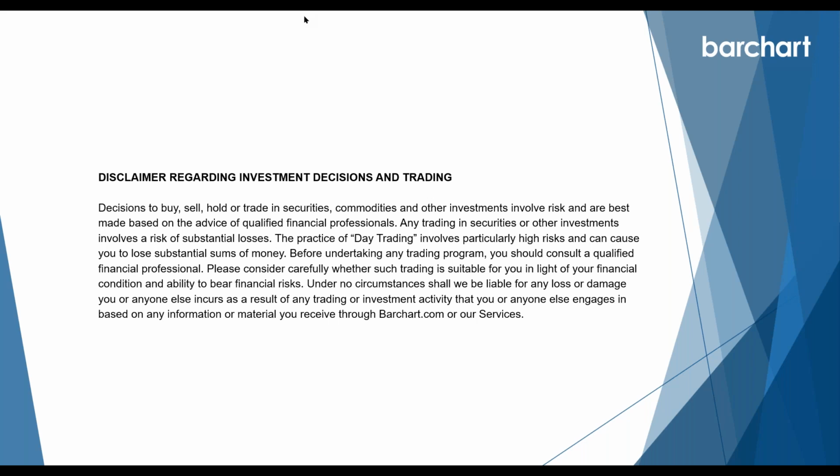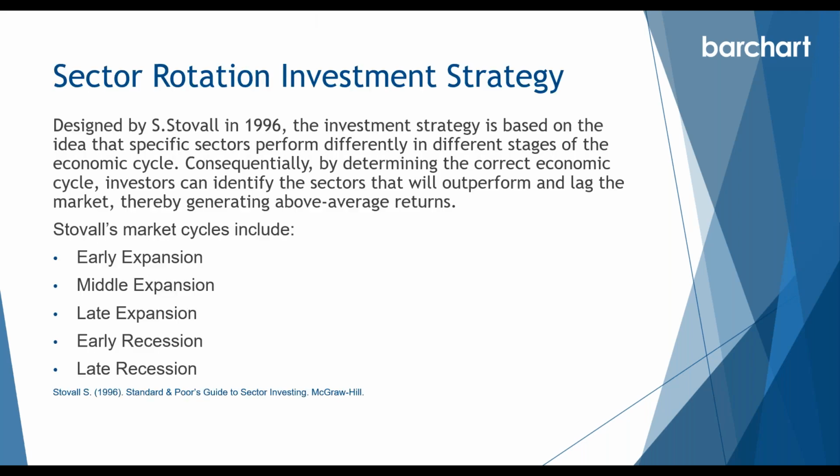So again, how do we decipher what is going on from past performances and maybe get some clues for this coming year? It goes back to some work that was done by Sam Stovall in 1996, who came up with the idea that sector selection and market performance were related to economic conditions and also market cycles.